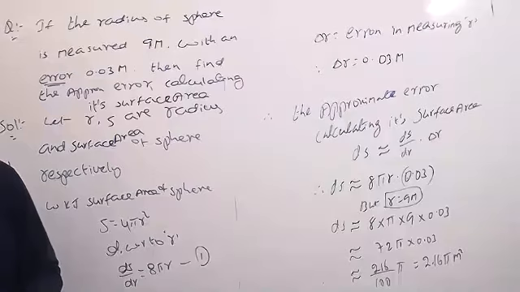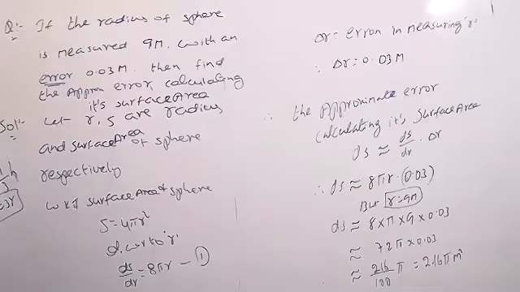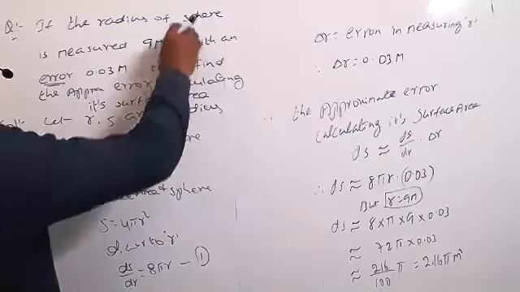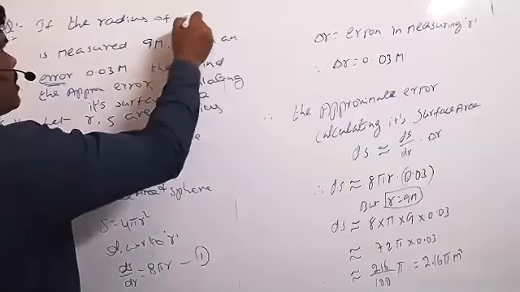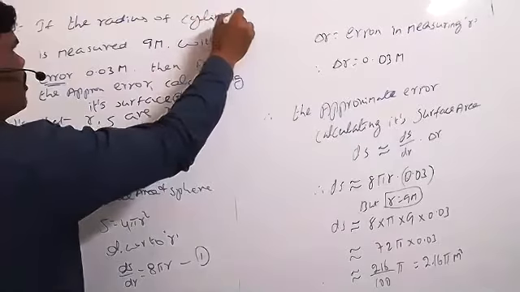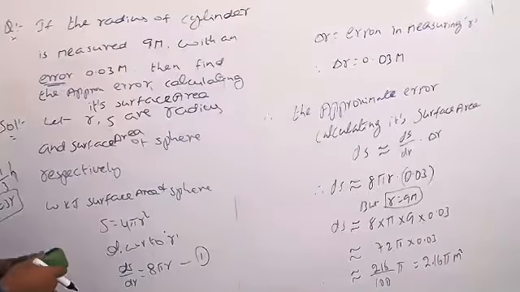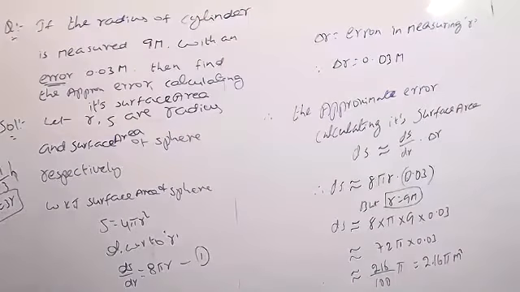The radius of the cylinder is measured as 9 meters with an error of 0.03 meter.